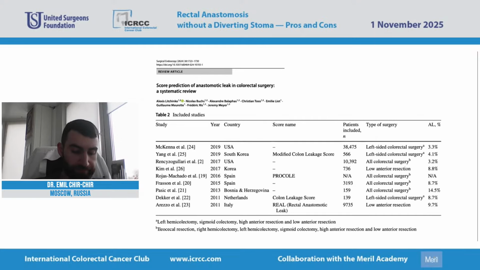This is not the first attempt to create prognostic scales. This systematic review presents a number of such publications. Unfortunately, the research was current only until April 1st, 2024.